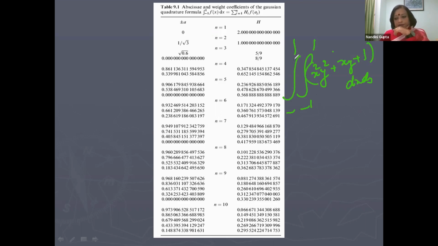So let us take an example. Can we do this? So what point quadrature should I need? Let's change this a little.